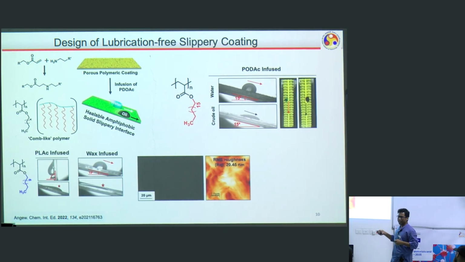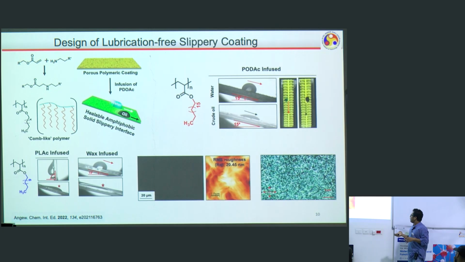These are the FESEM images. I forgot to put the interface of the porous polymeric coating, which is quite rough and porous, very obvious. But after you infuse this polymer and go to the molten phase, you get a very smooth interface. Under AFM, you see these fibril structures because of the crystalline domains, and the roughness is around 20 nanometers.